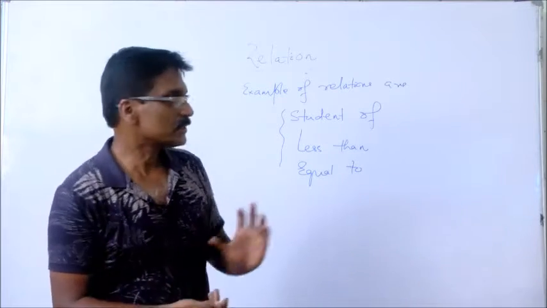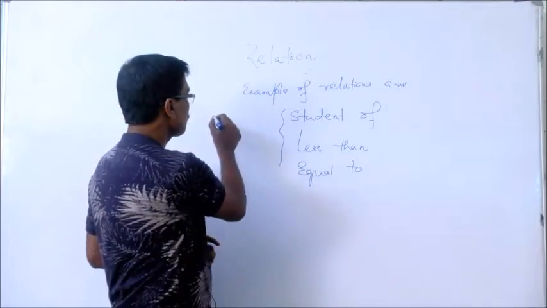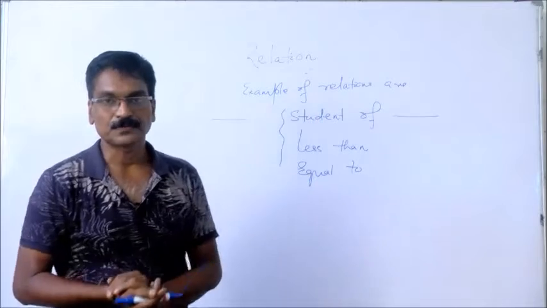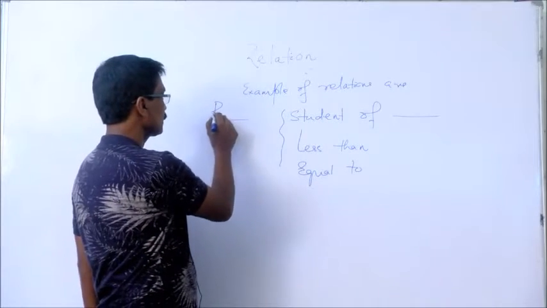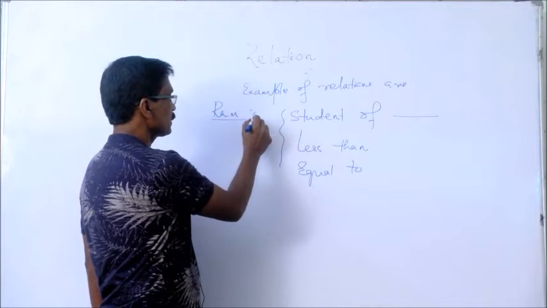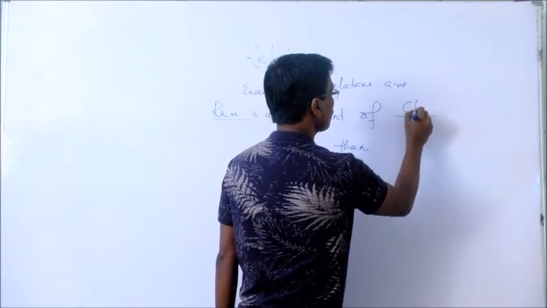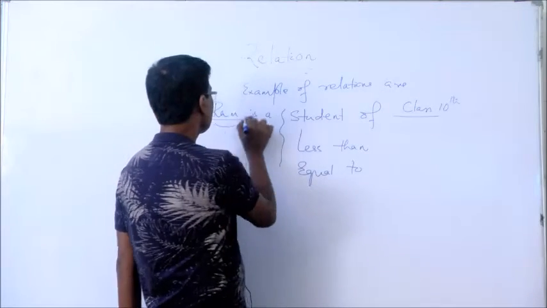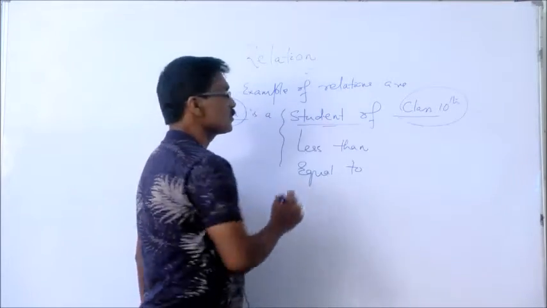When you say student of, there must be something before and after. Say Ram is a student of class 10th. What is the relation between Ram and class 10? The relation is student of.